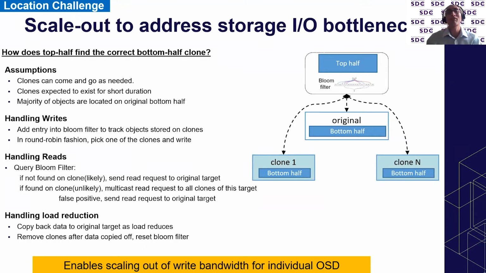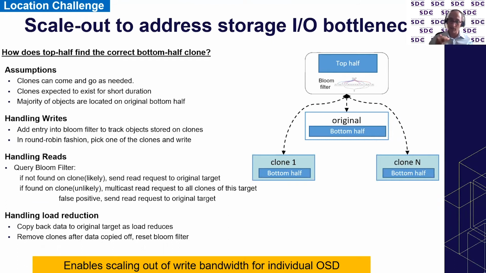The bottom half clones are only there to assist briefly when the original target is overloaded. So with those assumptions in mind, how does the OSD top half handle a write if there are clones? Firstly, the top half is the entity that initiated or made these extra clones, so it has the information of which clones these are.